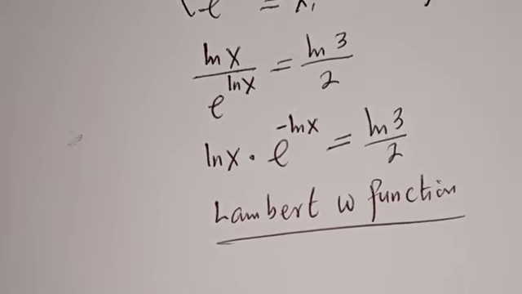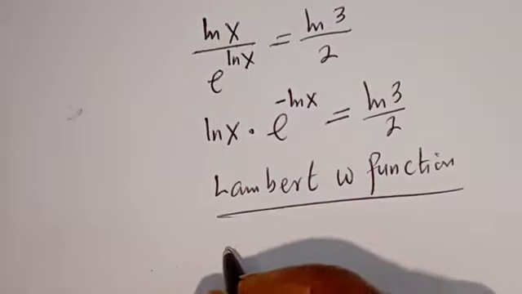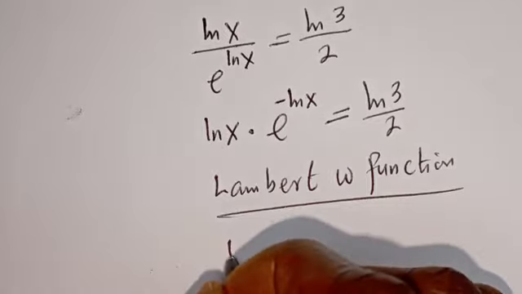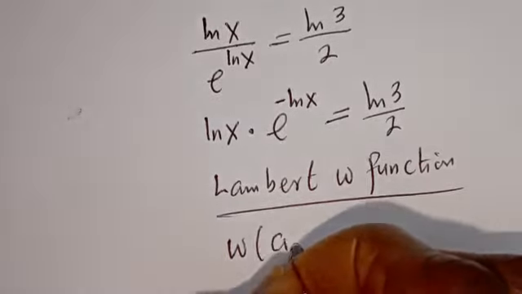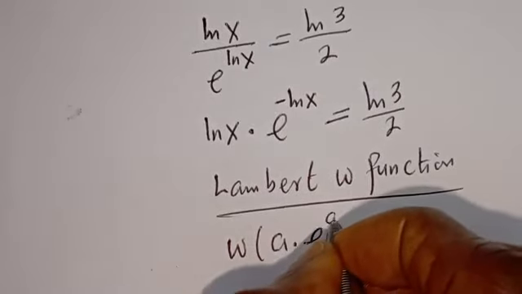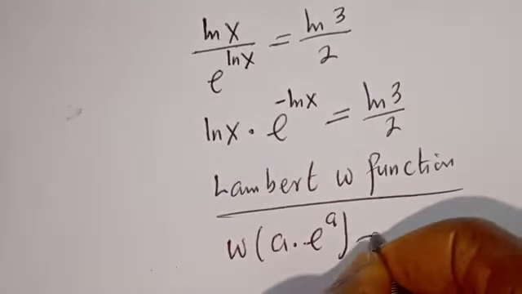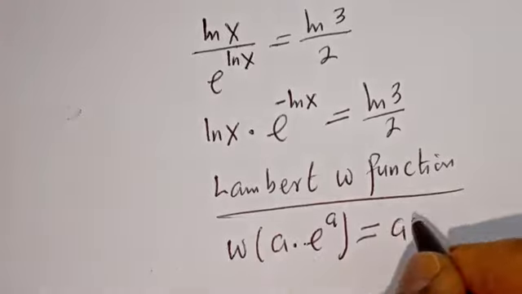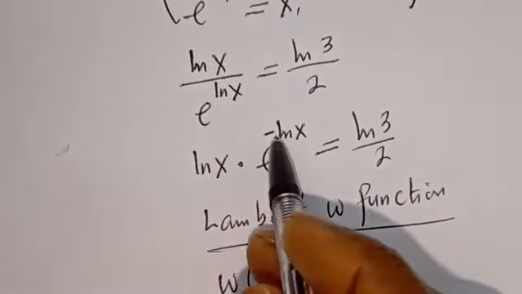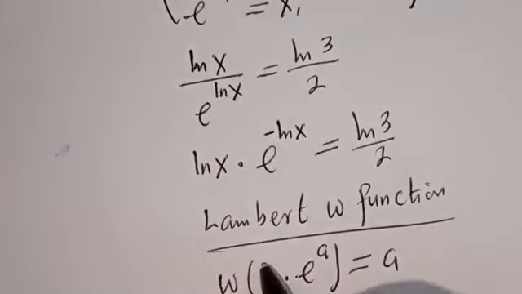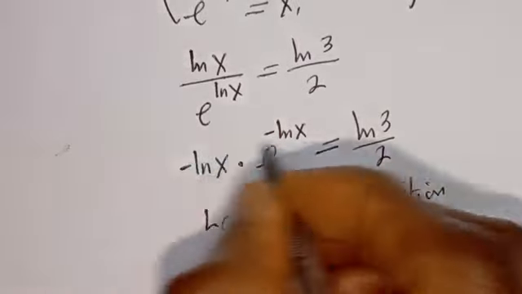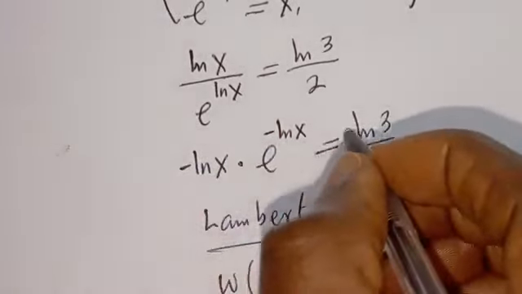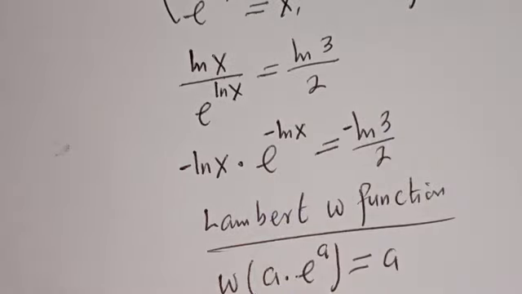And it says that W bracket A multiplied by e to the power of A is equal to A. And we have to make this look the same as this and this power. So here, let's introduce negative here and let's introduce negative here.